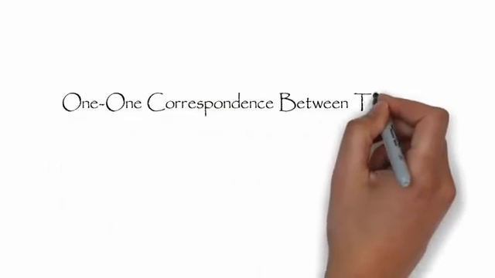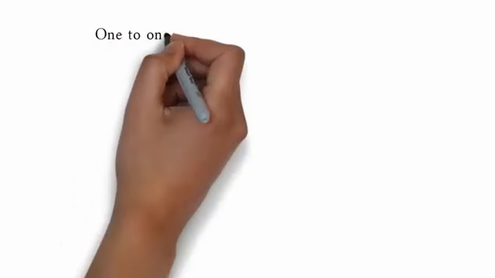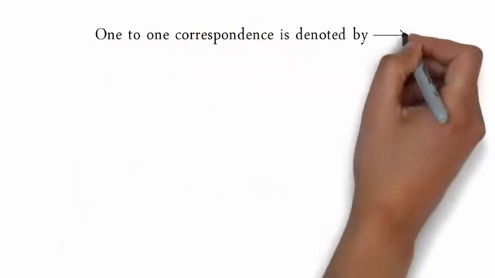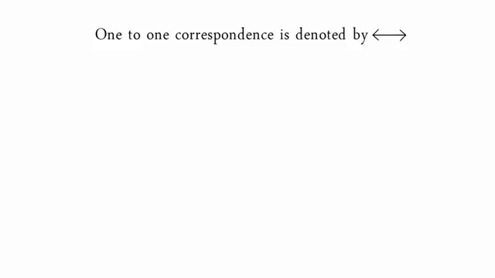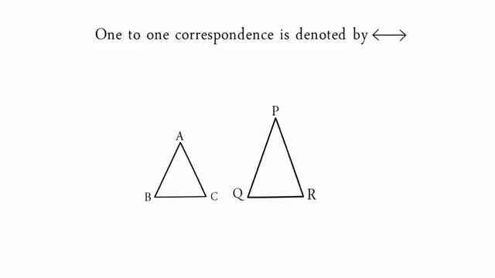One-to-one correspondence between the sides and angles of a triangle. One-to-one correspondence is denoted by a double arrow. Consider two triangles, triangle ABC and triangle PQR. We can establish 6 one-to-one correspondences between their vertices.